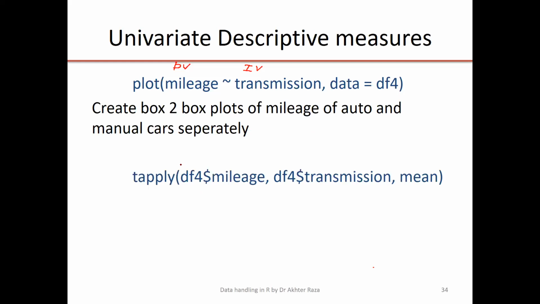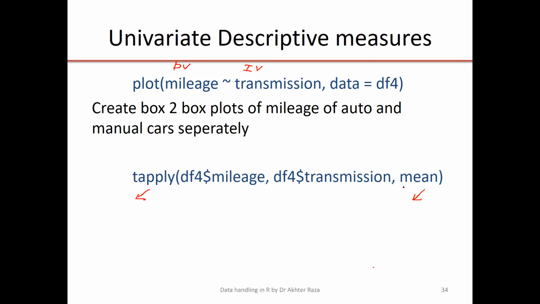The next command is the tapply command. What does the tapply command do? Tapply is a repetition of any command. If you want to repeat any command multiple times, tapply can be used. So tapply is a function, or a command. The mean command will be executed by tapply.